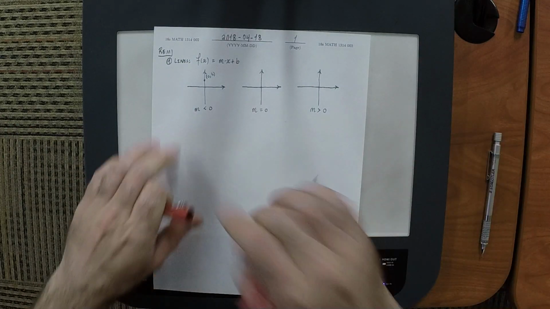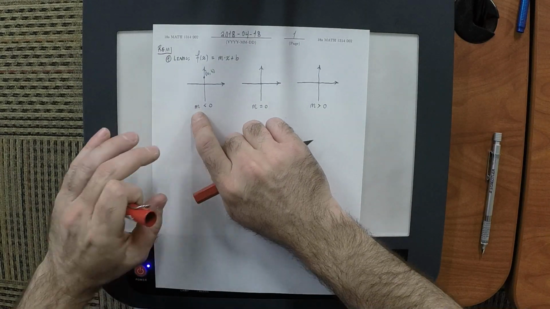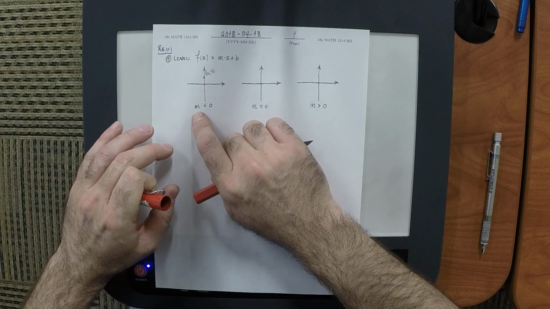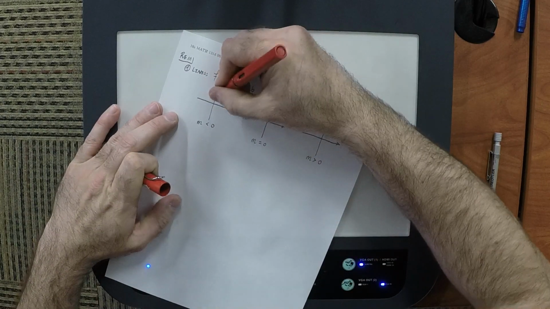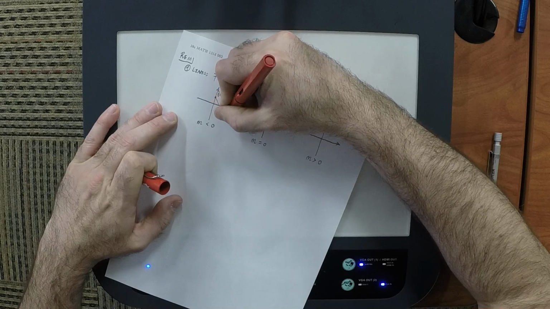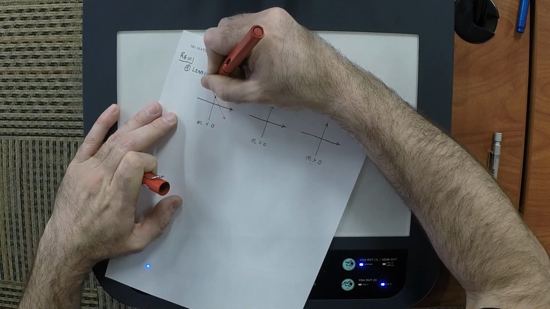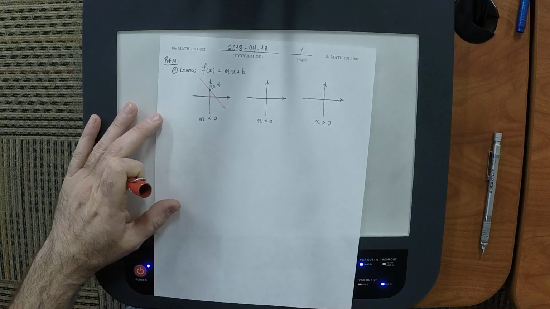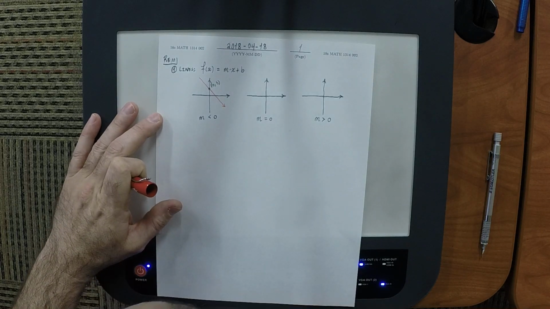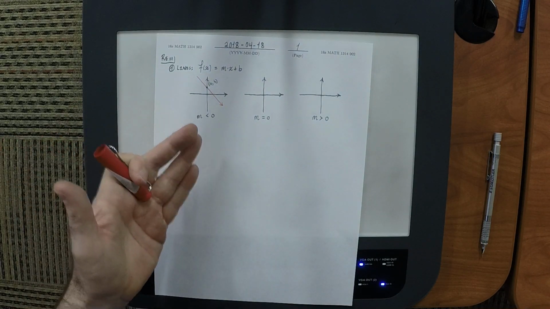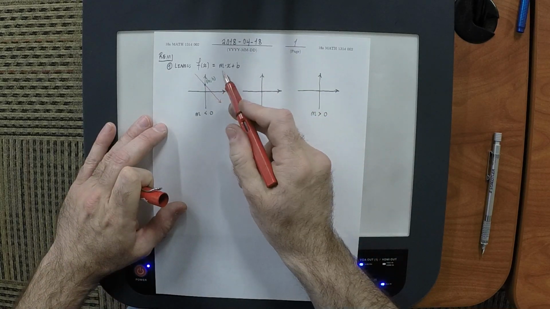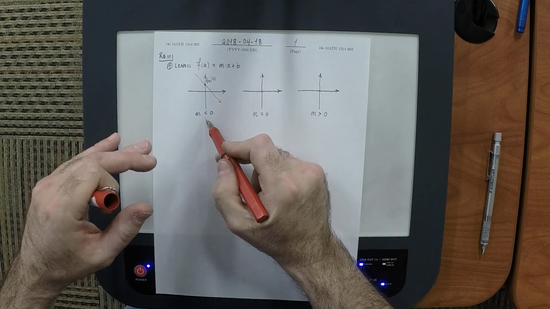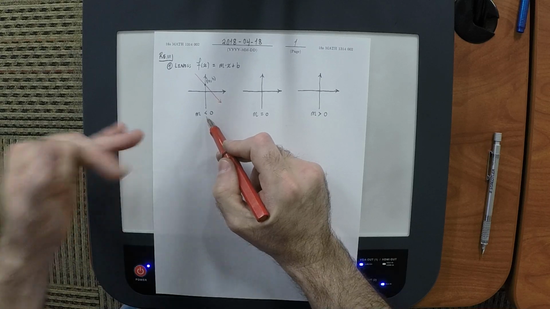So this is the case when m is negative, so we want to draw a line that's sloping down and to the right. Okay, so here's an example of a line of a function that's mx plus b with a negative m. And it just so happens that it has a positive b.